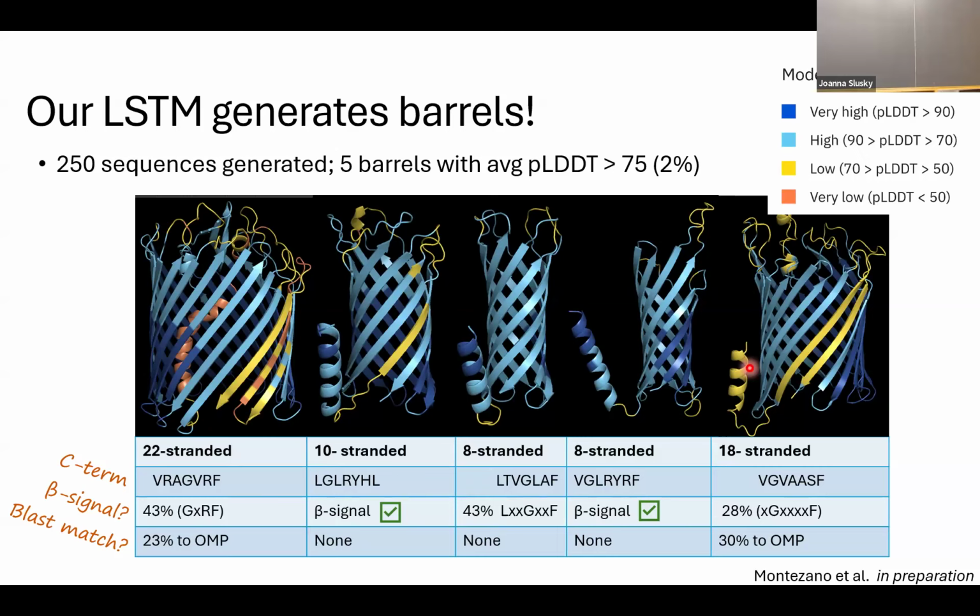A question from JP. I wonder if the LSTM can be run over a sequence to generate a likelihood. I think they're wondering if you can use an LSTM to compute a likelihood for a given sequence. I see.